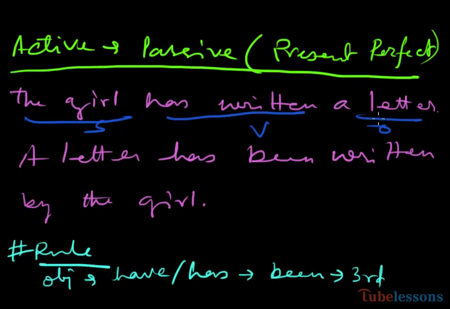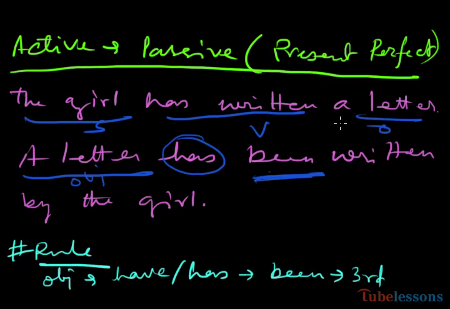So subject, verb, object. Now, a letter will come in the beginning of the sentence, object. A letter. Then here we already have a helping verb, that is has. Now we have to add been for present perfect tense.